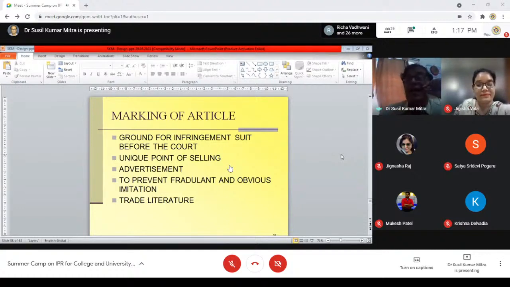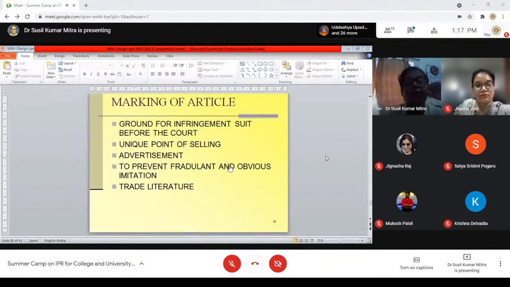But when the design has lapsed or the term is over, you should remove that design number. Otherwise, it will be a mistake on the part of the registered proprietor. So to avoid infringement, even from the innocent infringer, the marking of the article is very important.